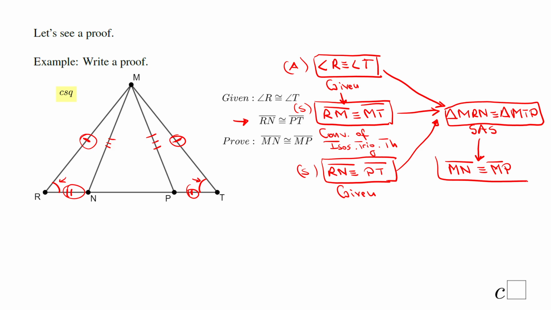And what's the reason for these two sides being congruent? Because the corresponding parts of congruent triangles are congruent. CPCTC is how it's spelled. Corresponding parts of congruent triangles are congruent. So now we end up the flowchart. Of course, you can do a 2-column proof if you like that.